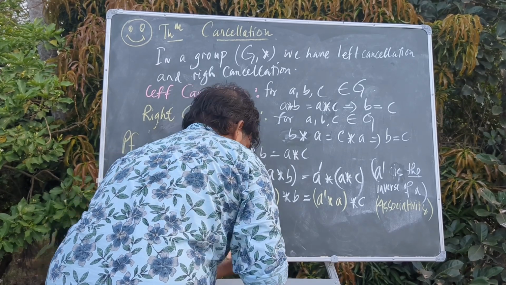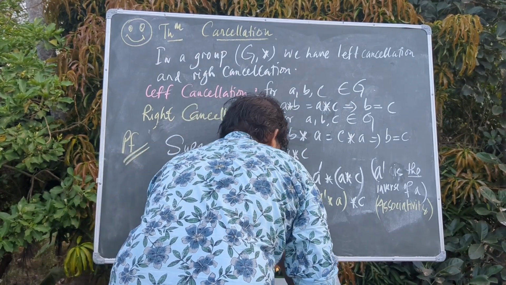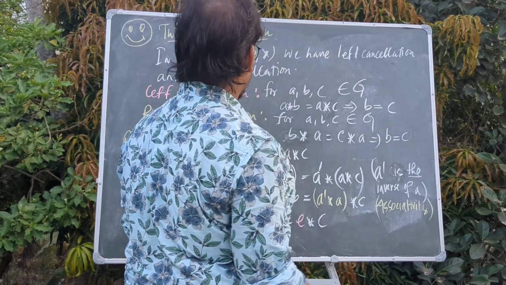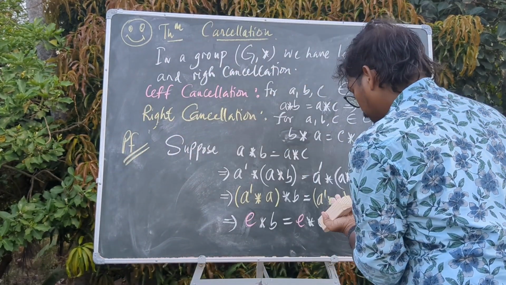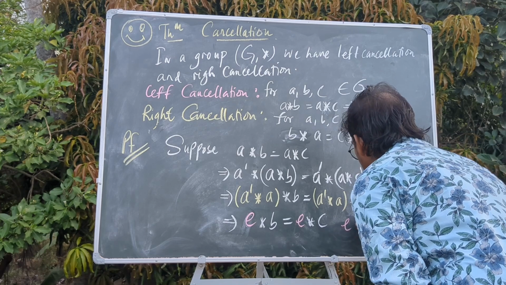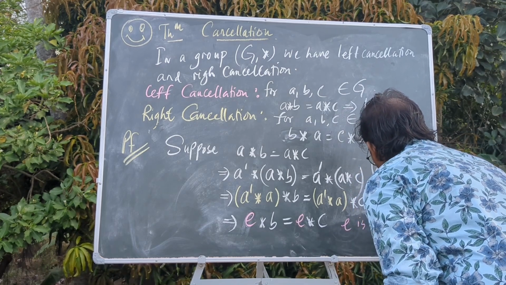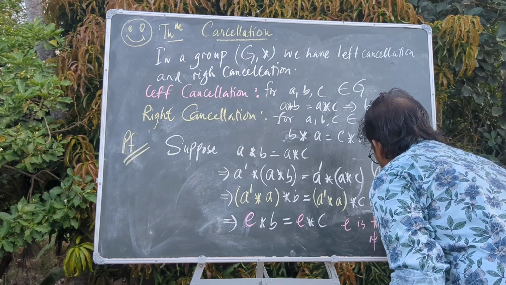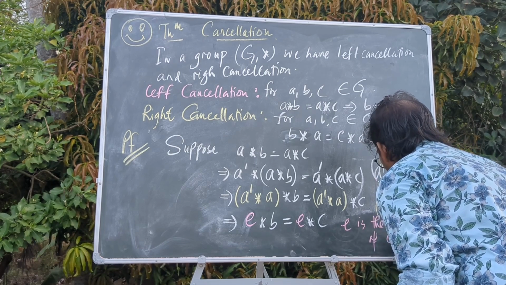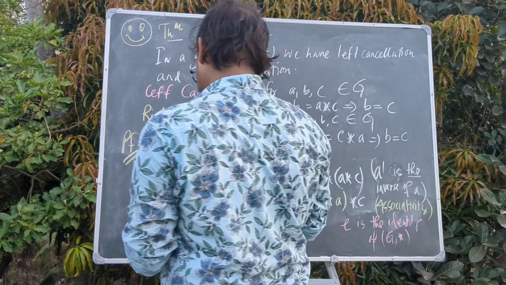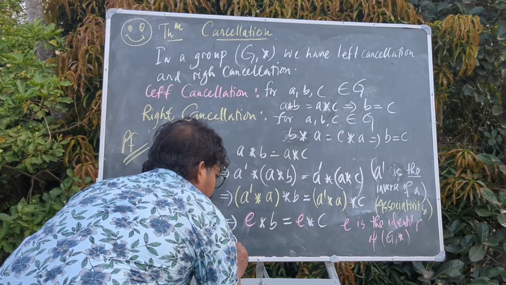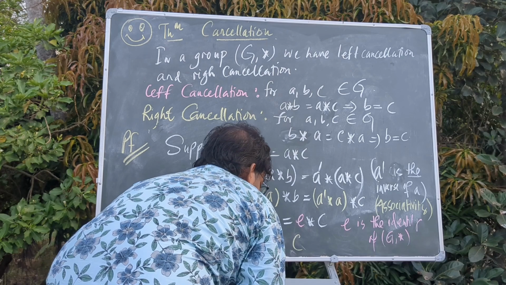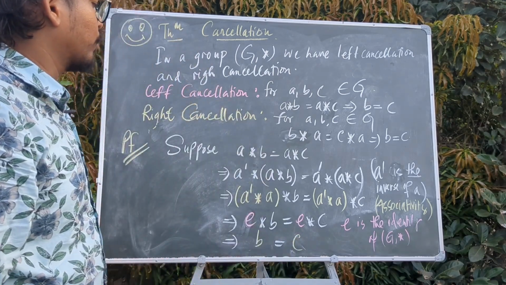This is e * b, same as e * c, and we have taken e as the identity of the group (G, *). Now on the left hand side we have b, and on the right hand side we have c, and we have cancelled a from both sides.